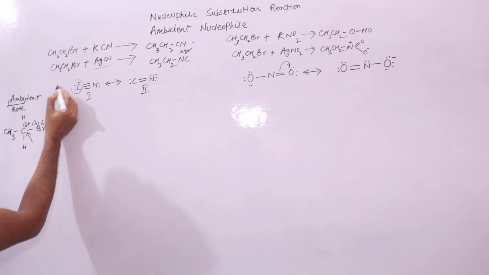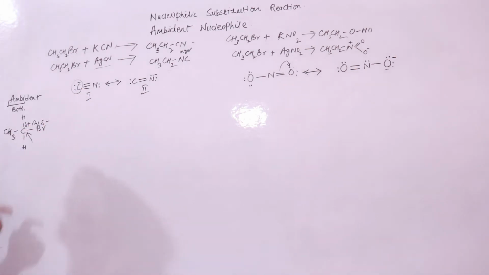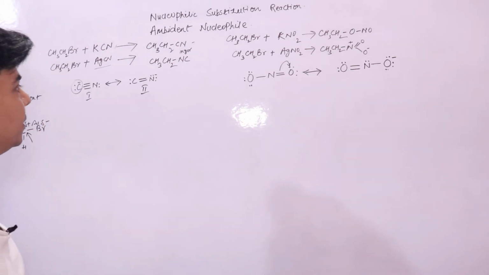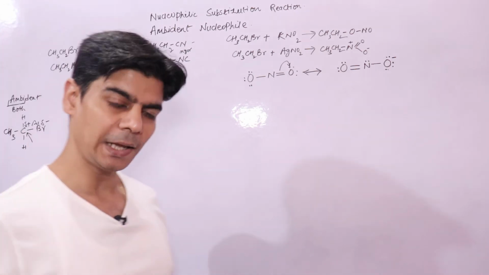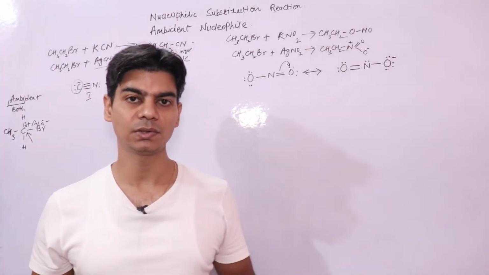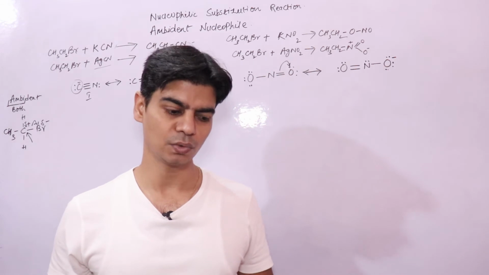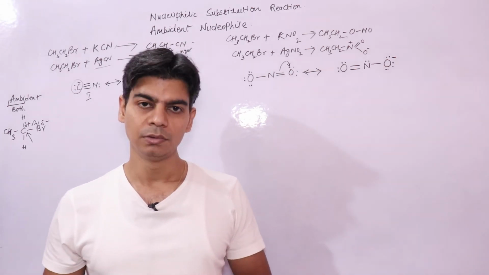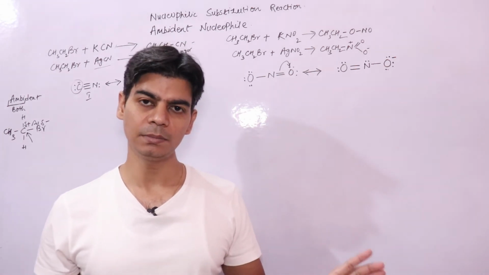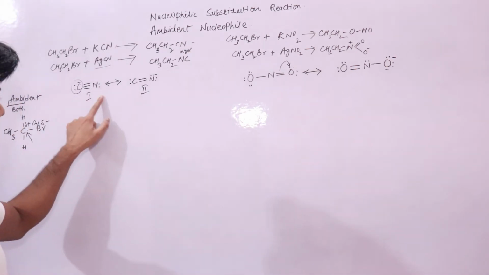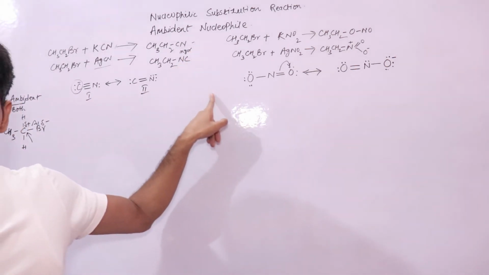Here you have a negative charge, it can attach itself to this positive carbon atom. So these are ambident nucleophiles that have two nucleophilic centers. When it attaches to the electron deficient carbon atom through different atoms, it will form different compounds.